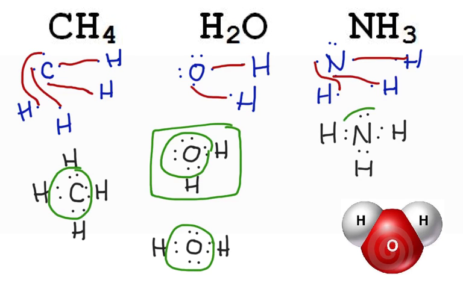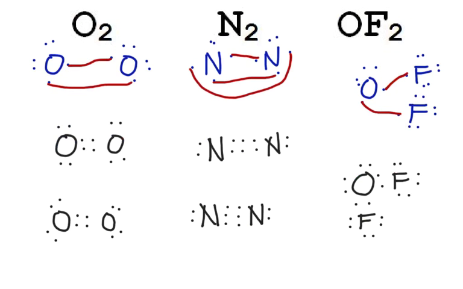And this nitrogen has near 8 electrons. So the octet rule is the idea that a lot of times atoms are going to gain or lose or share electrons until they have 8 electrons. Now when we get a double bond, it still has 8 electrons nearby, so this still fulfills the octet rule.